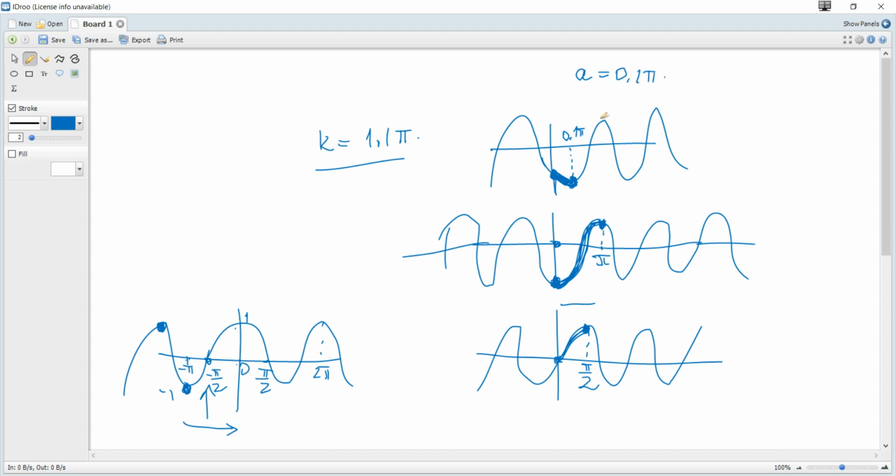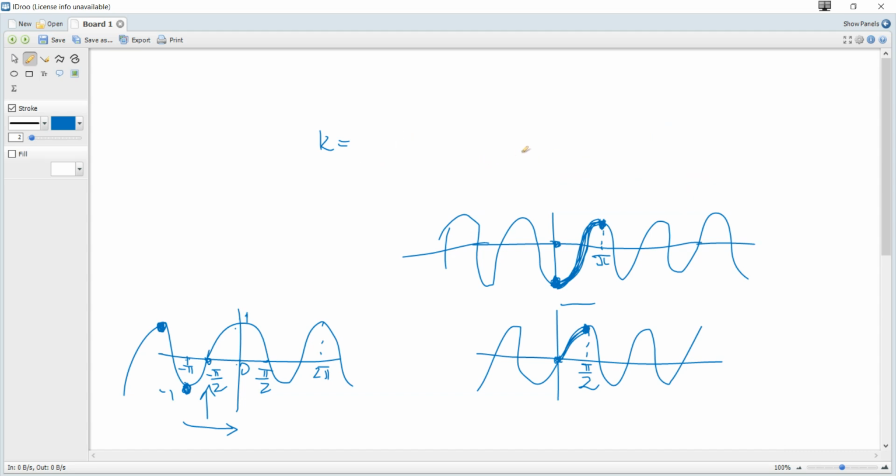And in general, when k is greater than pi and less or equal than 2 pi, it will be like this.